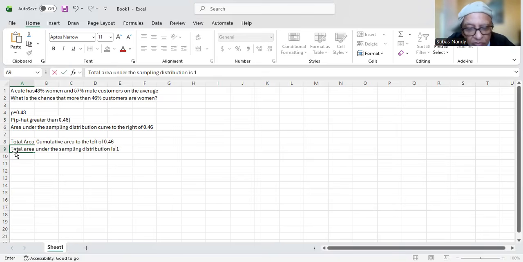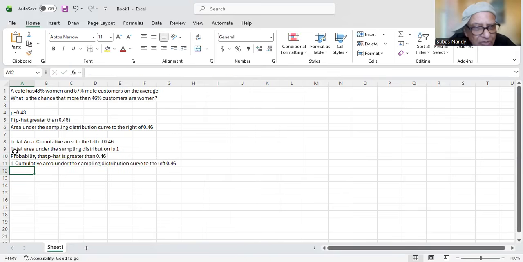So the probability that p hat is greater than 0.46 is 1, because the total area is 1, minus cumulative area under the sampling distribution curve to the left of 0.46.